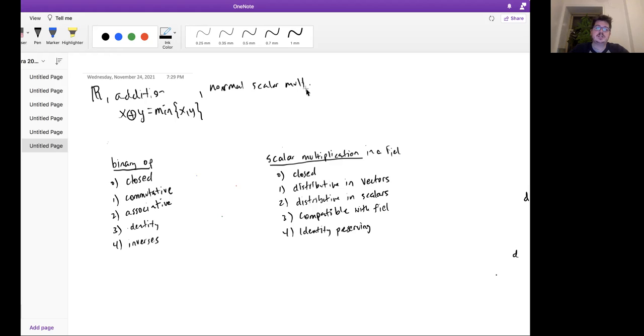Well, first of all, does anyone understand the minimum function? So what does the minimum function do? Give me two random numbers, 2 and 3. So 2 plus 3 is equal to the minimum of 2 and 3. Which is the smaller of the two? It's 2.